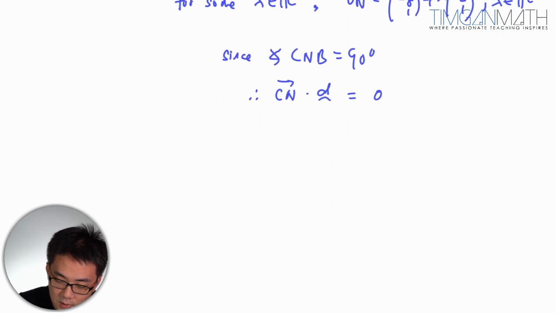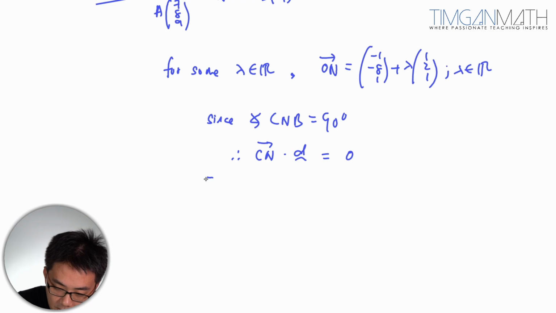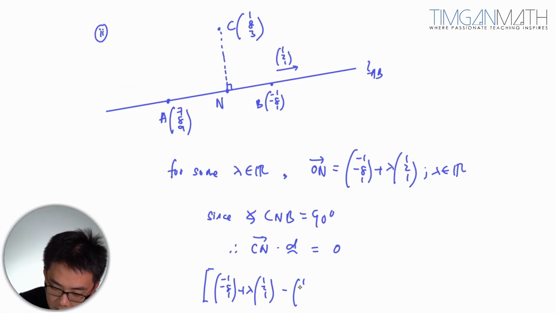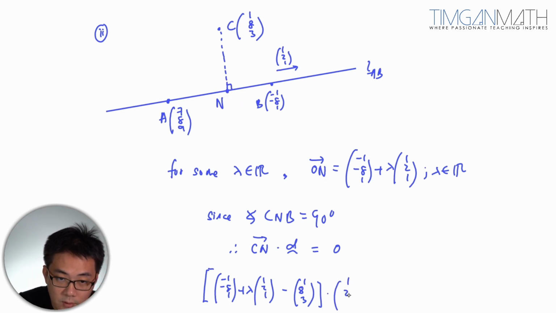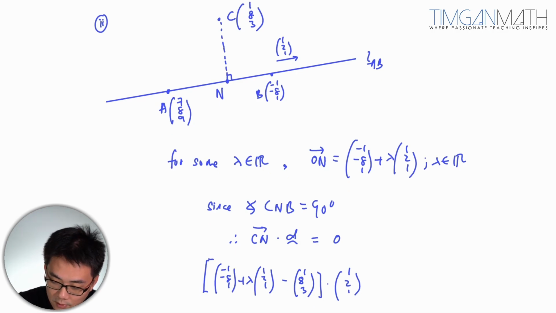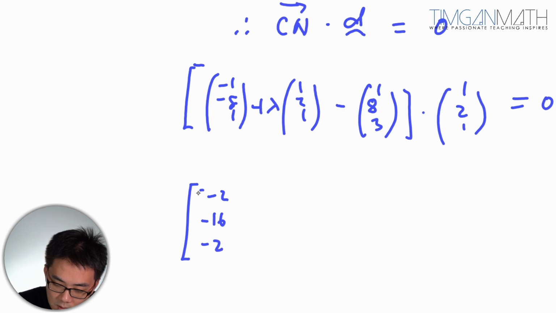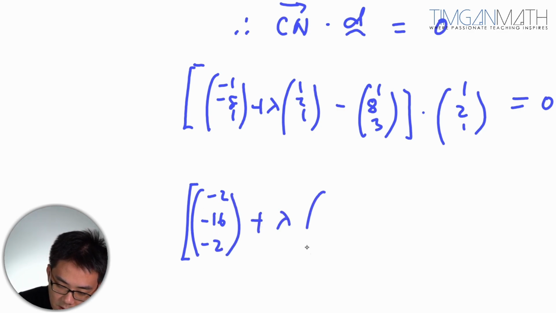CN is ON minus OC, which is (-1, -8, 1) plus lambda (1, 2, 1) minus (1, 8, 3). We are just finding the lambda that corresponds to this 90 degrees. The direction vector is (1, 2, 1), and we let the dot product be 0. As simple as that. So I get (-2, -16, -2) plus lambda (1, 2, 1), dotted with (1, 2, 1), equals 0.